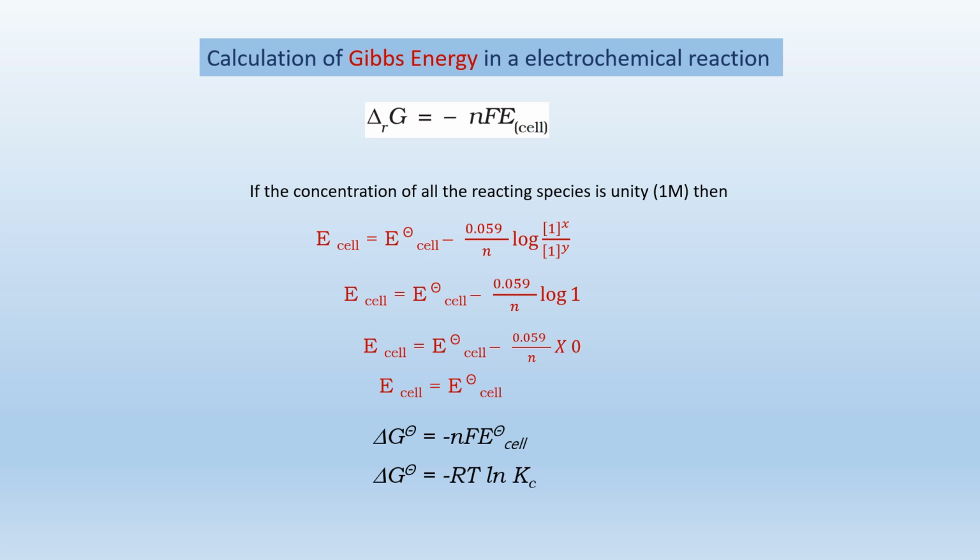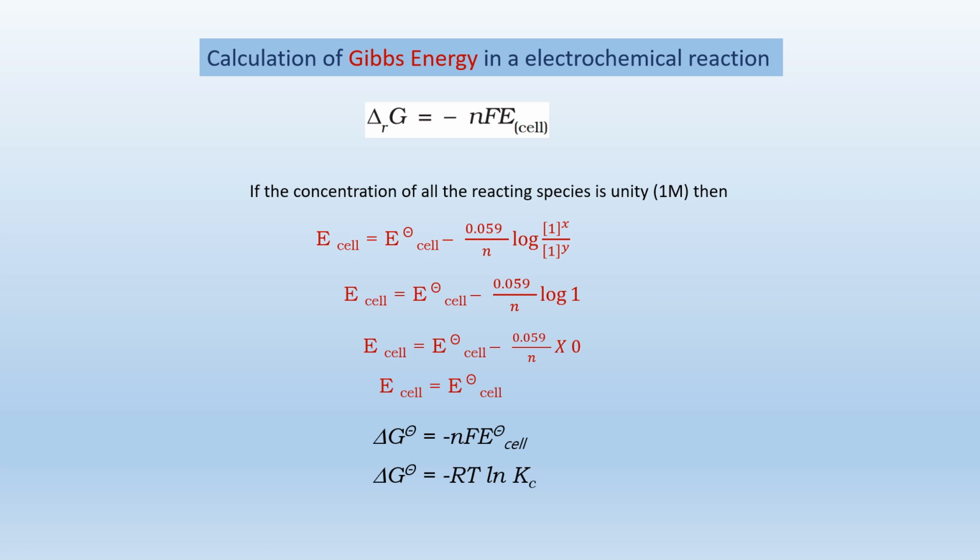But here, with the simple formula, you can calculate delta G value only by knowing the cell potential. Delta G is equal to minus nFE cell. That is, n is the number of electrons involved in the reaction, F is the Faraday constant, 96,486 coulomb per mole. Okay. So both the values we know. Only thing is we should know the cell potential. If we know the cell potential, you can calculate the Gibbs free energy.